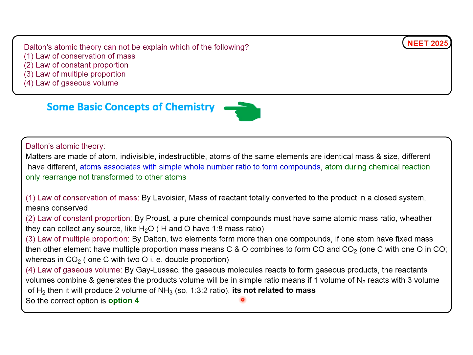It is simple, but it is not related to mass. All the other three cases are related to mass, whereas this one is about volume. That's why option 4 is not explained by Dalton's atomic theory. So thank you guys.